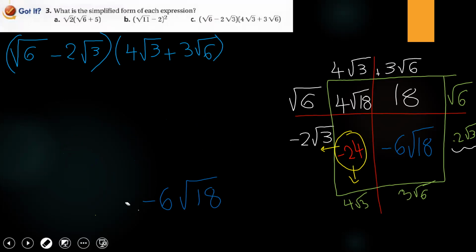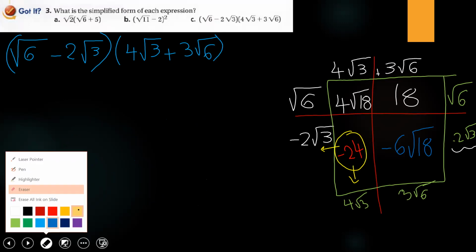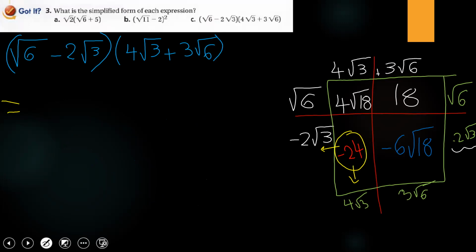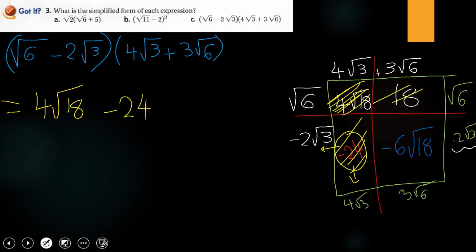Then after that, we have to rewrite them here. So it's equal to, let's write first 4 square root of 18. Then negative 24. Then plus 18.